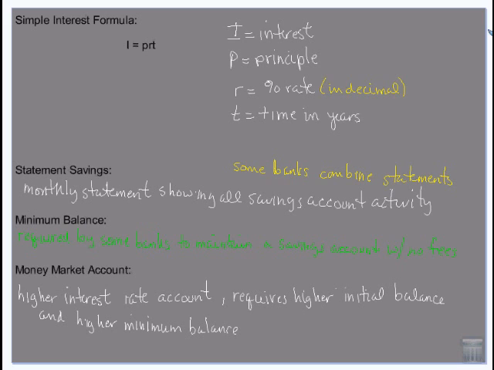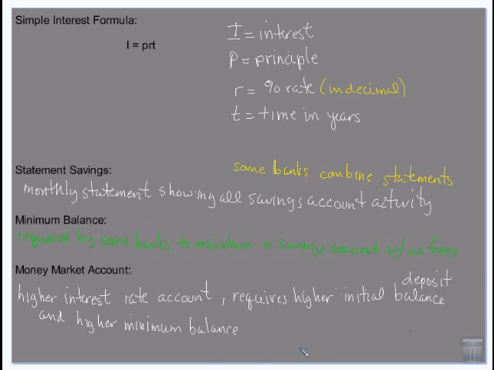But some banks will have a $100 minimum balance, some have 50, some have 25. It depends on the bank. And some banks don't have a minimum balance at all. And then a money market account pays a higher interest rate, but it usually requires a higher initial deposit.